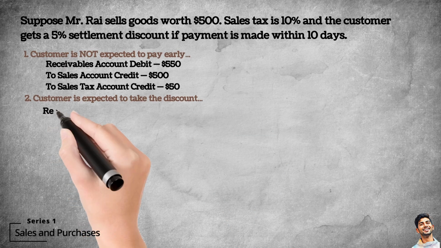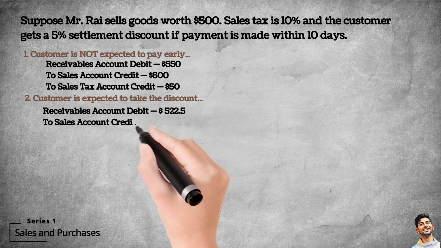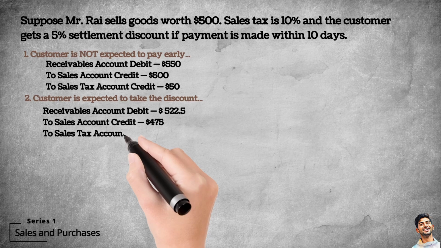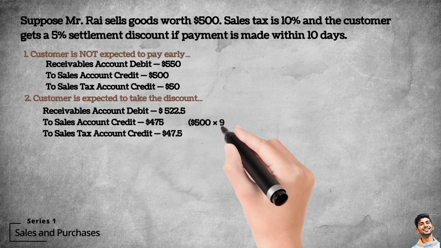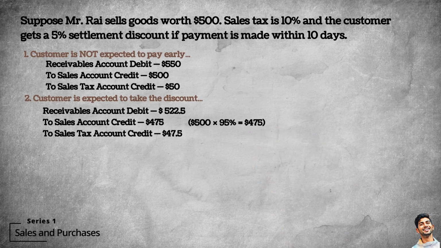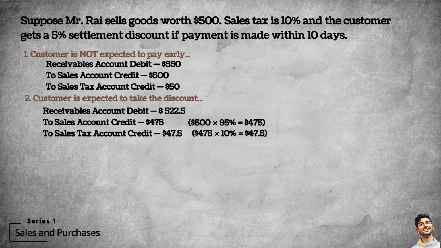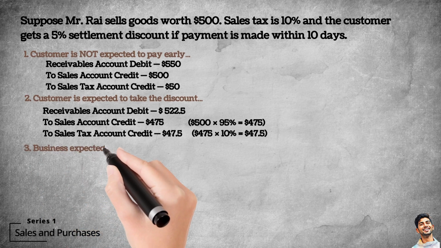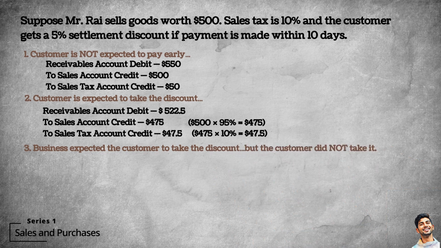So the journal will be: receivables account debit $522.5, to sales account credit $475, to sales tax account credit $47.5, because $500 times 95% is equal to $475, and tax at 10% is calculated on the reduced amount, which is $475 times 10%, that is 47.5.